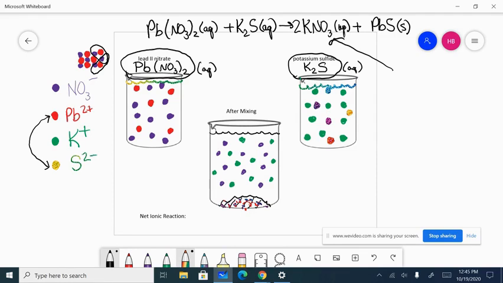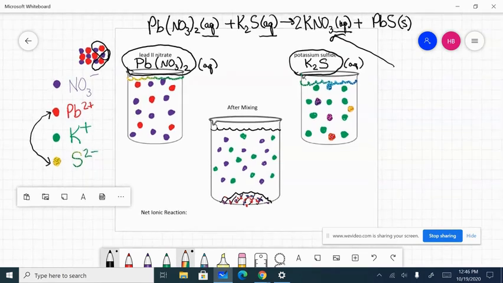So here's what we do. Anytime you have an aqueous solution that is an ionic compound or a strong acid, strong acids and ionic compounds are the only ones that we can break up when they're followed by AQ. So what that means is, I'm going to draw the total molecular equation for this chemical reaction up here, and then I'm going to turn that into what we call a complete ionic reaction.